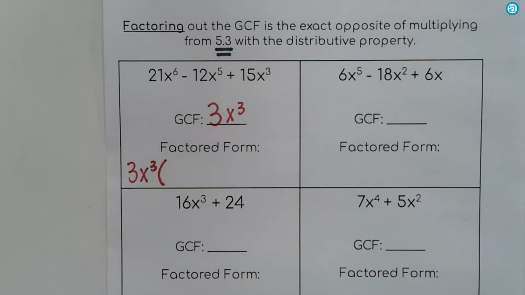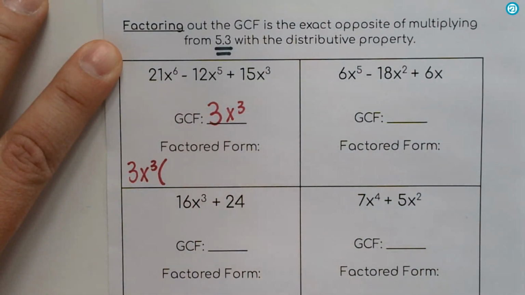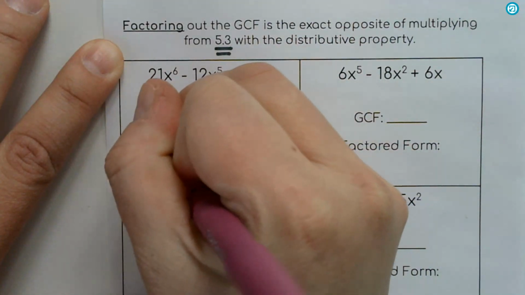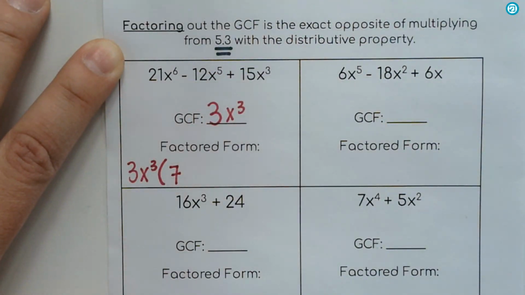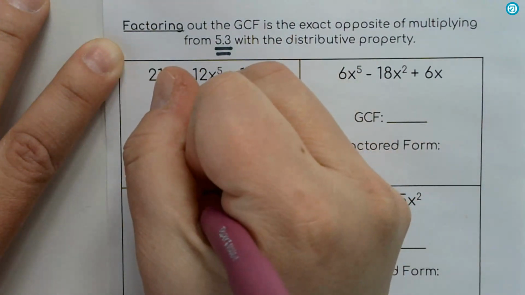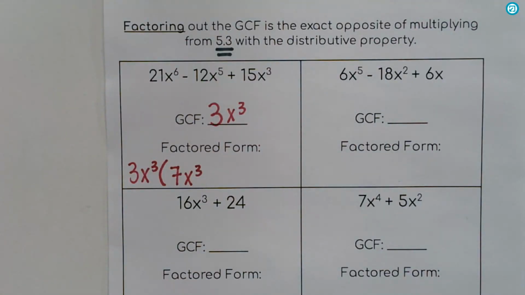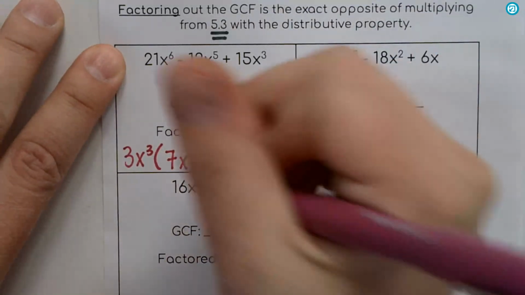For each term we are dividing the coefficients and subtracting the exponents. So 21 divided by 3 is 7. 6 minus 3 is 3. So I've got 7x to the 3rd power. Negative 12 divided by 3 is negative 4.